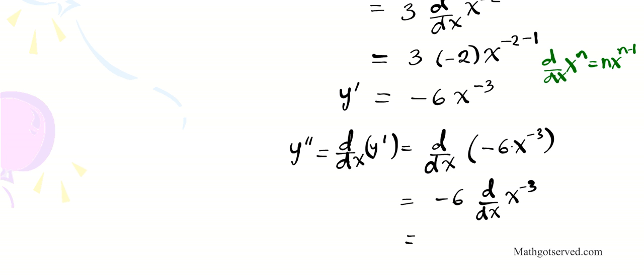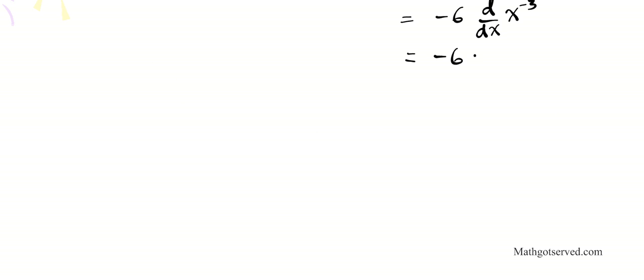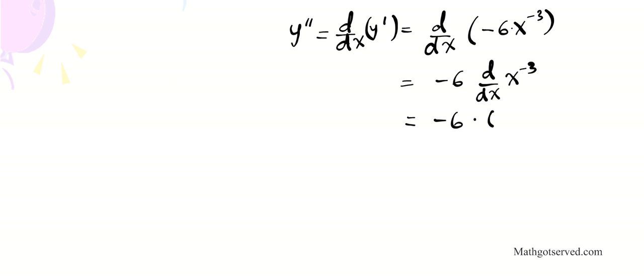Just bring down the negative 6 that was factored out, times, I'm going to bring this power, negative 3, to the front. Negative 3 to the front. And then I'm going to have x to the, subtract 1 from the power, minus 3 minus 1. Okay? So if I simplify this completely, that would give me y double prime.